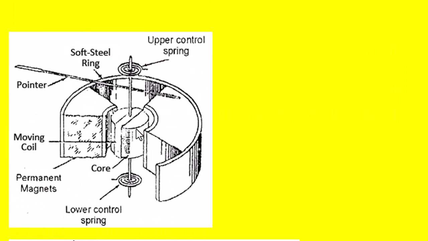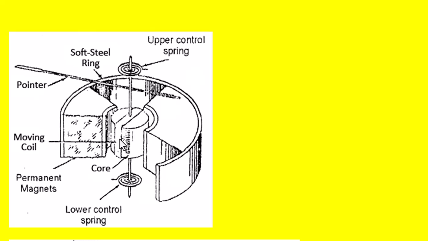So let us see the diagram of the permanent magnet moving coil instrument. Here this is a U-shaped permanent magnet, and here there is a soft iron piece.